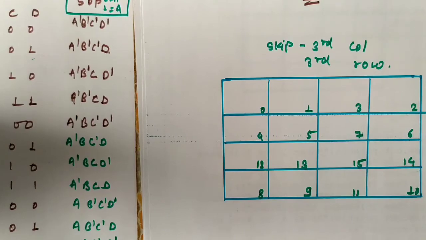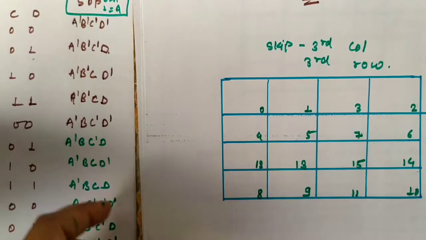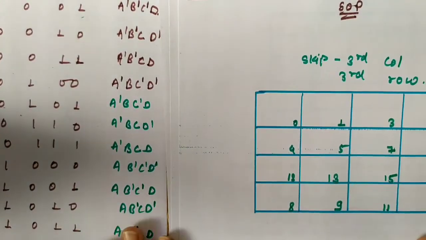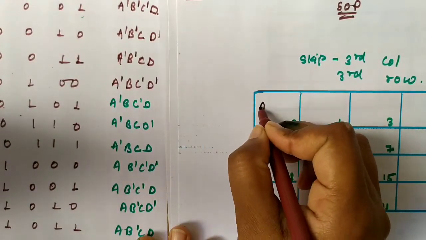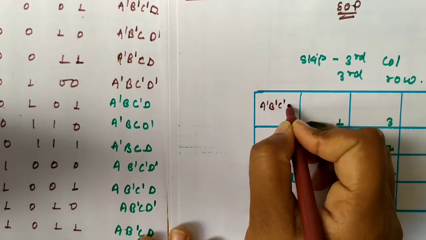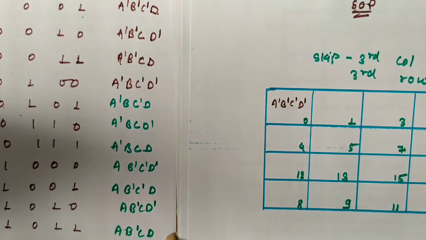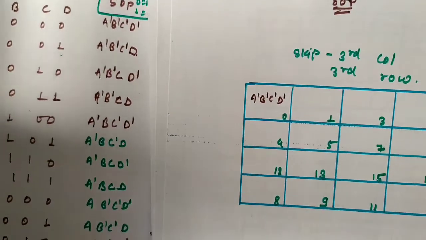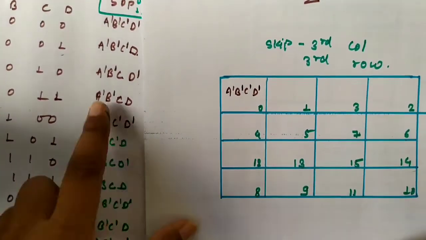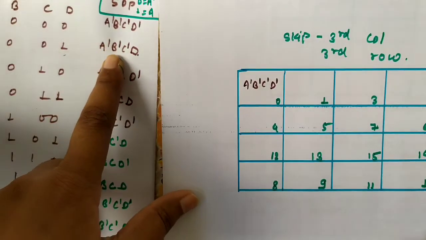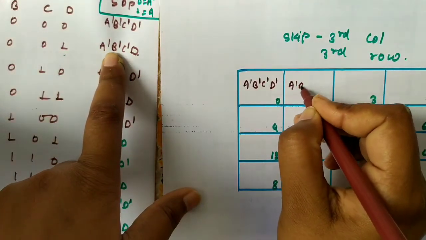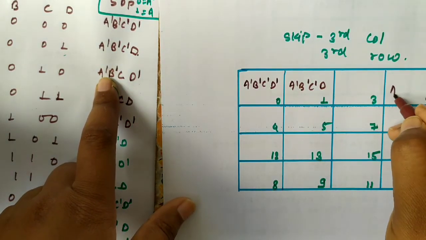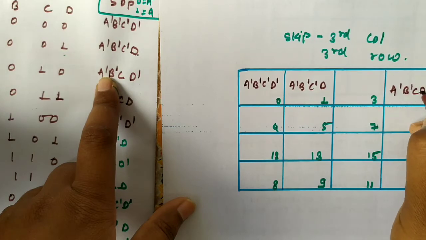So write the expression of SOP. Here this is the expression from 0 to 15. So firstly 0, A dash, B dash, C dash, D dash. This is the expression of SOP of 0. Then here is a 1, that means A dash, B dash, C dash, D. That means 2, A dash, B dash, C, D dash.